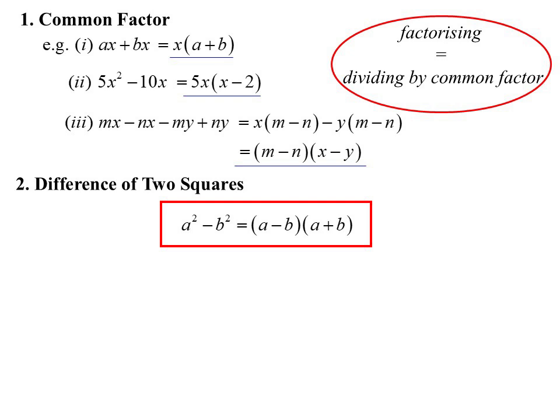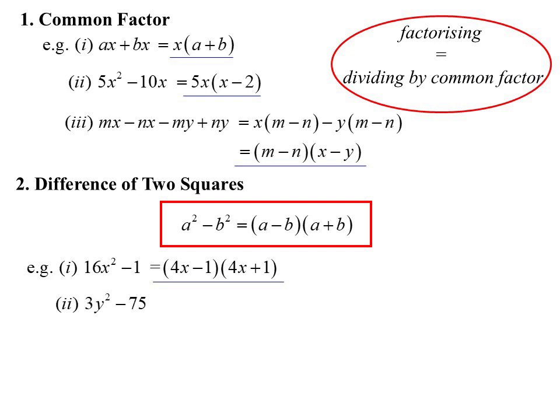Okay, it is interesting. I don't know if it's in this one or when we're looking at cubics, but I'll explain why we put the minus first. You don't have to. So 16x squared minus 1, I would write it as 4x minus 1, 4x plus 1. But of course, you can multiply in any order, so it doesn't matter. 3y squared minus 75, hang on, they're not squares, but always pull out the common factor first.